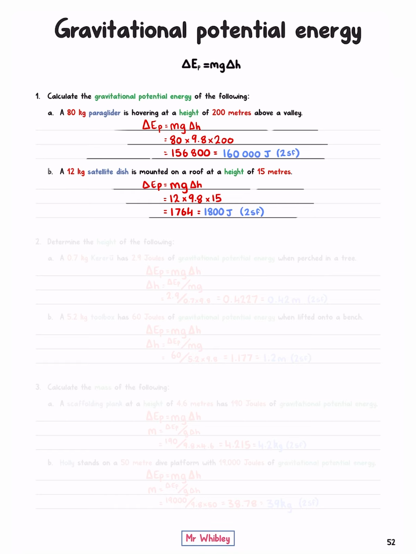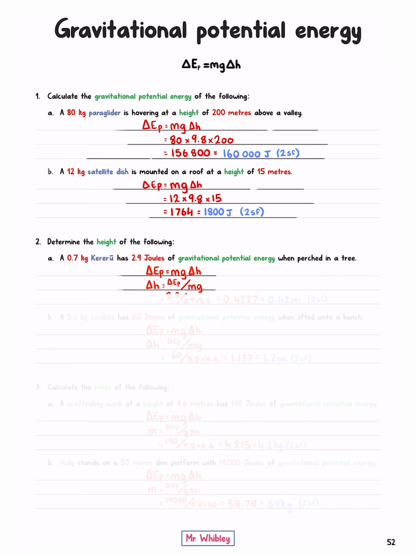Question 2. Determine the height of the following. A 0.7 kilogram kereru has 2.7 joules of gravitational potential energy when perched in a tree. Starting with our gravitational potential energy equation, solving this for height by dividing both sides by mg, putting our numbers in, gives me 0.4227 or 0.42 meters to two significant figures.